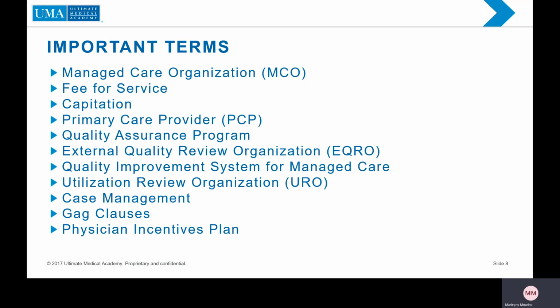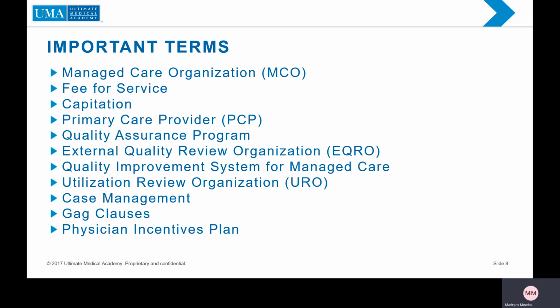We also talked about the quality assurance plans to assess quality of care provided in healthcare settings. The quality review organization is responsible for reviewing healthcare provided by managed care organizations. And I will tell you this, many states have laws that require an external quality review organization for these quality improvement systems.